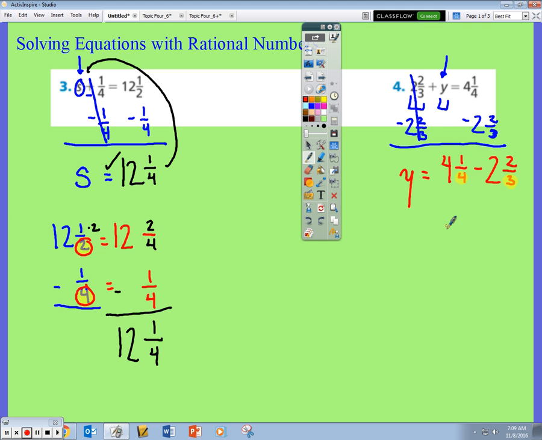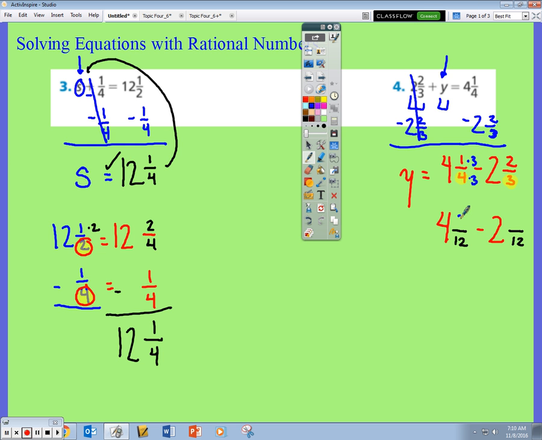So for right now, the whole numbers stay the same. 4 minus 2. My new denominator, the least common multiple of 4 and 3 is 12. And this goes back to our work from topic 3. Now to find the new numerators, if we have something in 12ths, they were in fourths, we multiplied by 3, so we must do the same to the numerator.